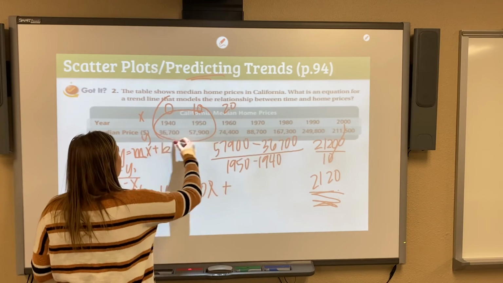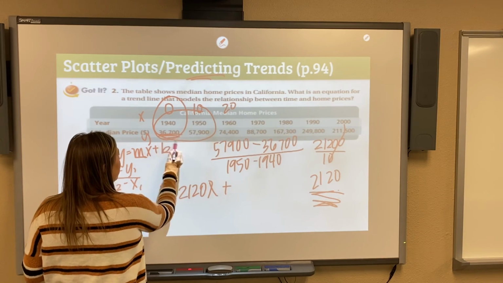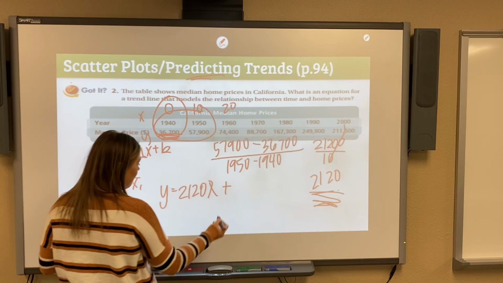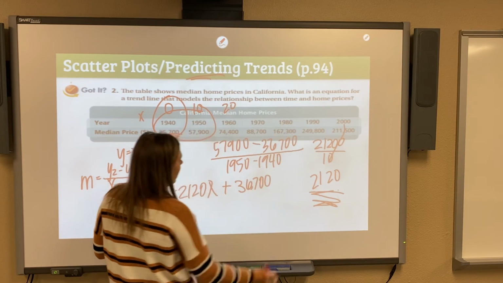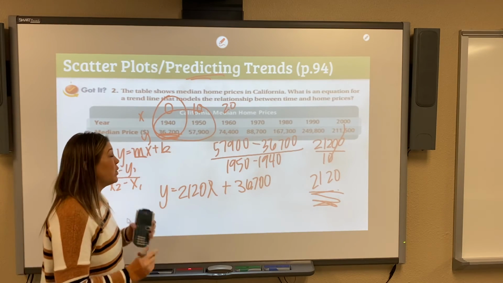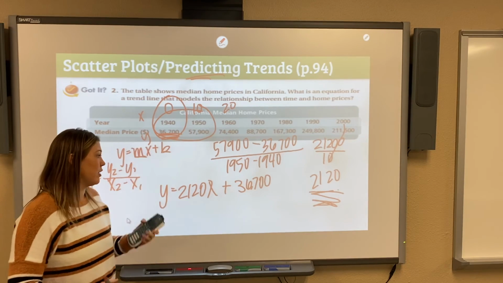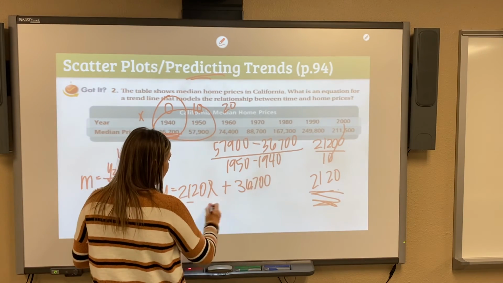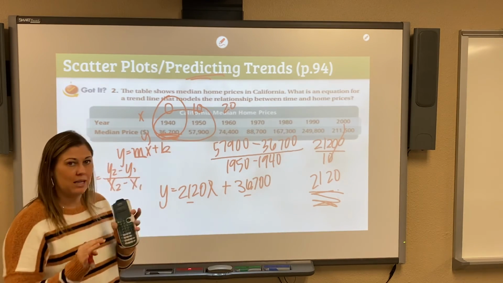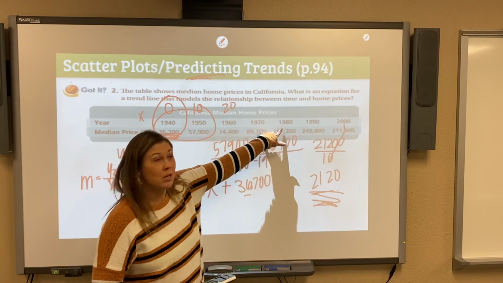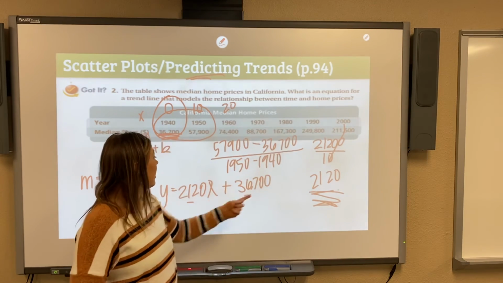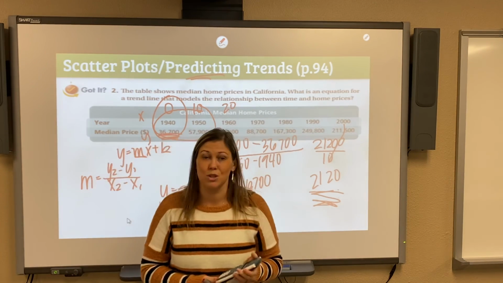Our starting value is the 36,700. These numbers are not exact, because if we did it from two different points, we would get two totally different numbers for our slope. But our y-intercept would be the same, because that's what we start with.